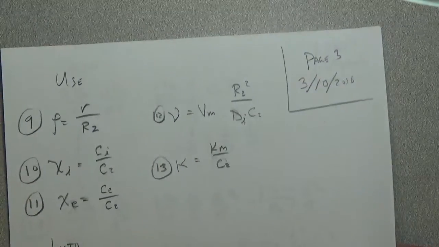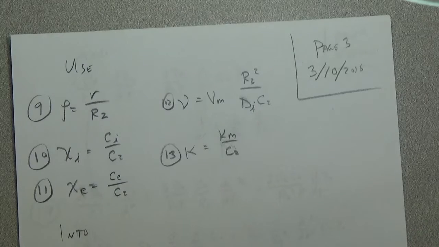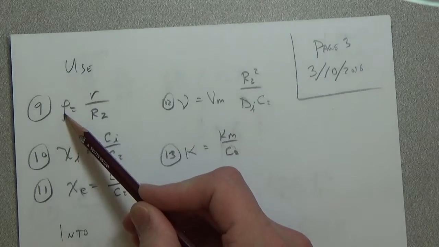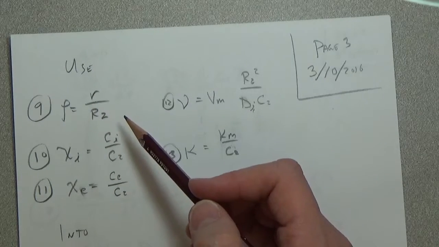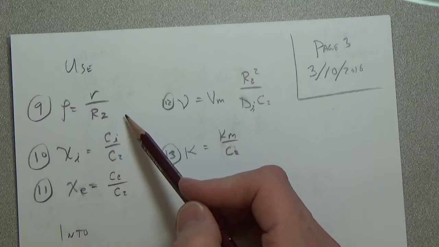Now we take that and we're going to use dimensionless quantities. So we're going to have a dimensionless position, which is rho equals R divided by R2. So rho will go from 0 to 1.